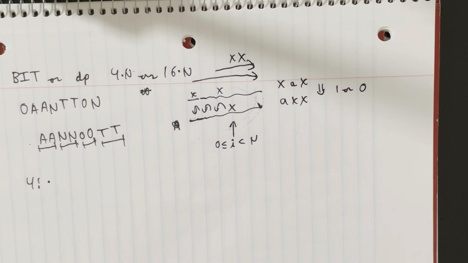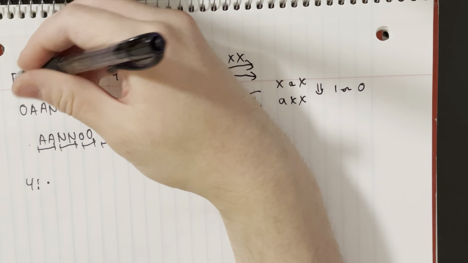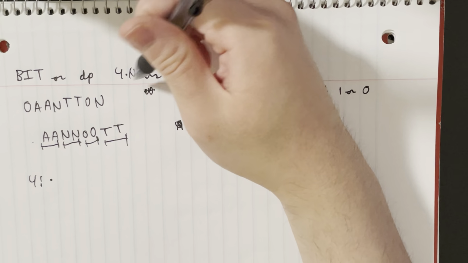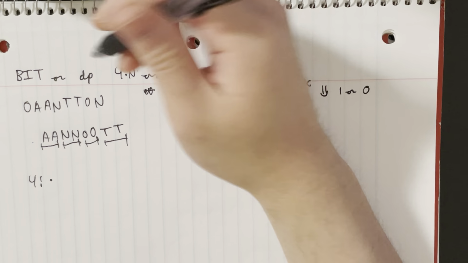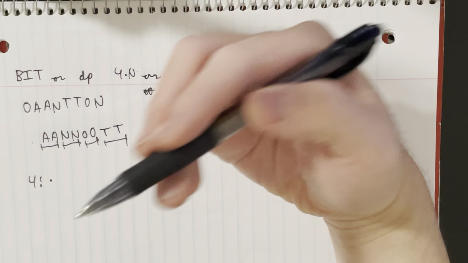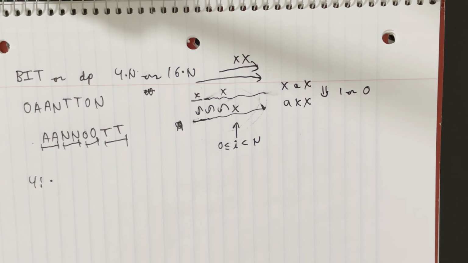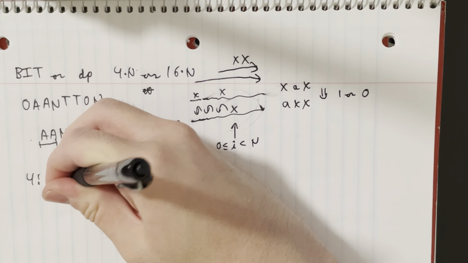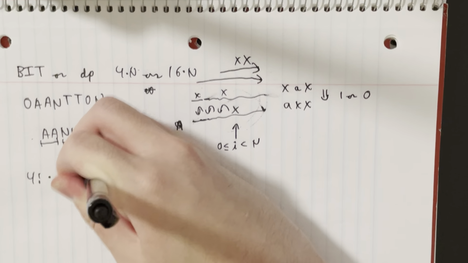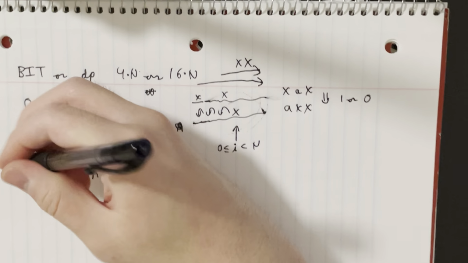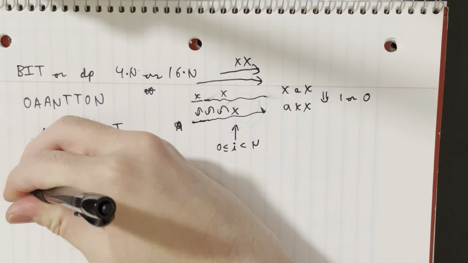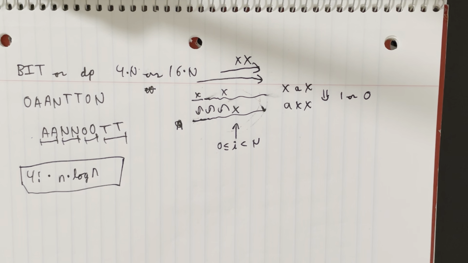This is a standard problem that could be solved using a BIT, or you could use a constant factor times n DP, it doesn't really matter. In my implementation, I used a binary indexed tree, so in my case it would be n times log n runtime. This is the runtime complexity for problem D.